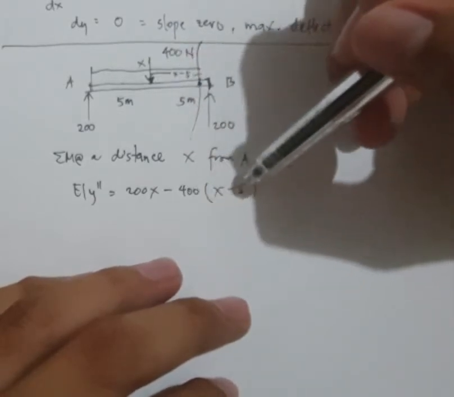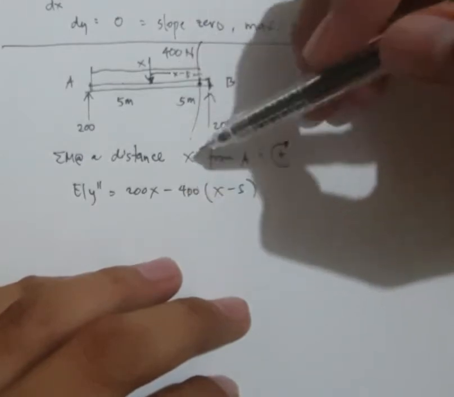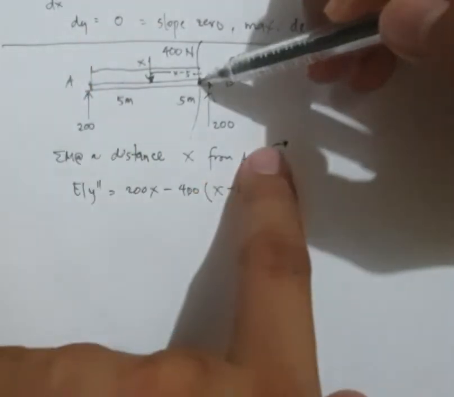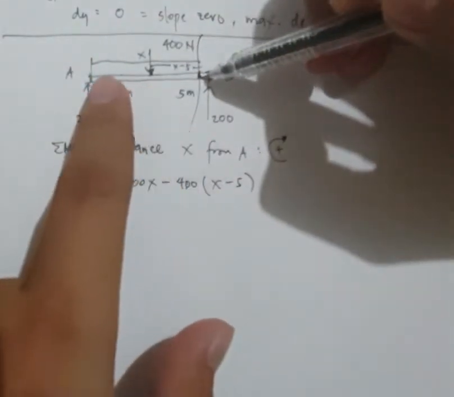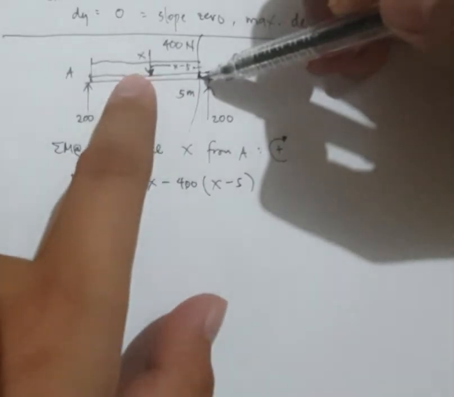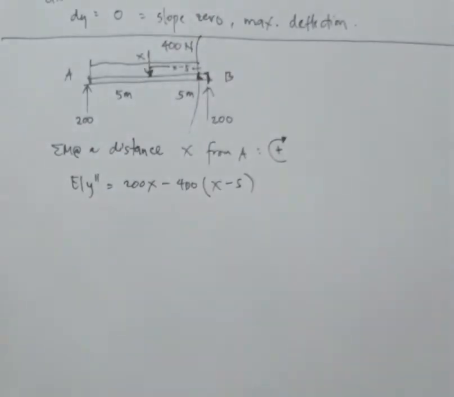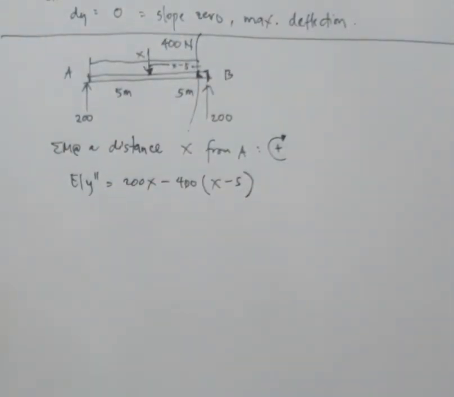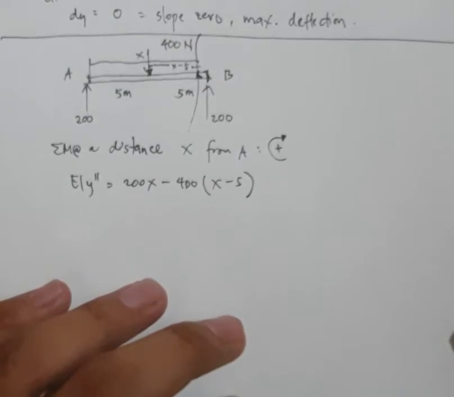If you distribute it to 400 times x, it means there is a 400 rotating at x minus another 400 rotating at a distance of 5 meters. So that is two 400s, which does not follow the concept. So do not distribute, just keep the quantity as is. Okay, so that is the equation of the moment.